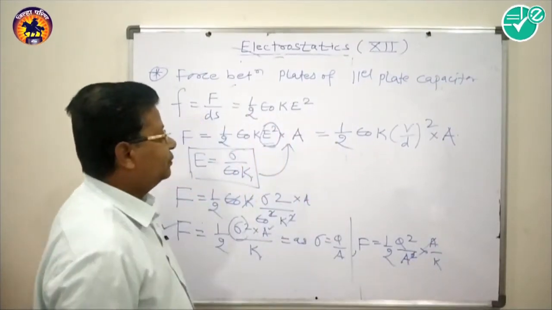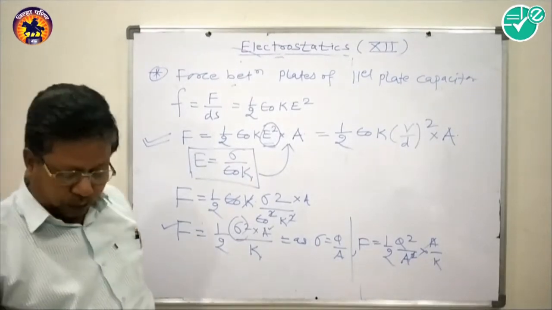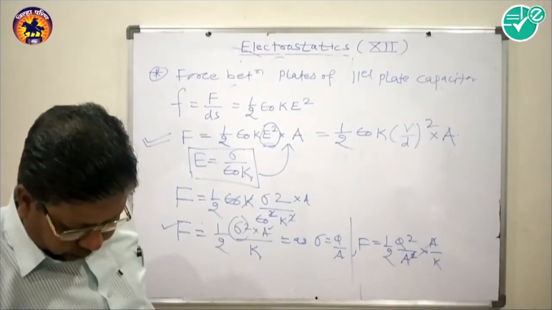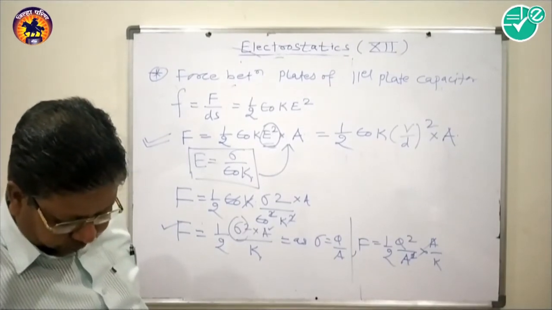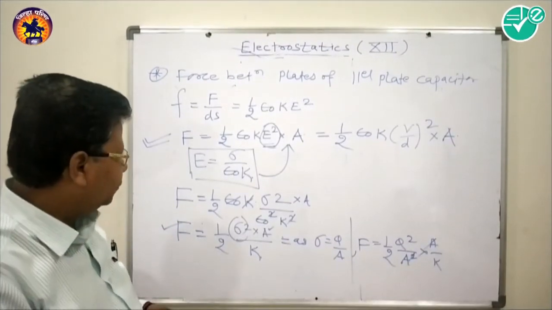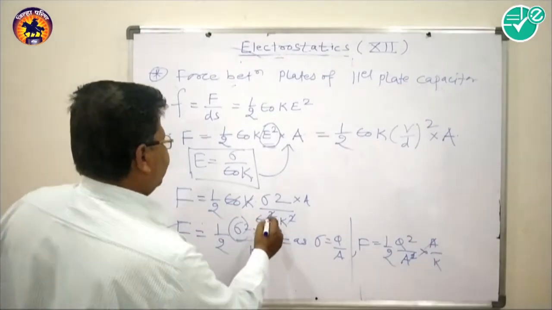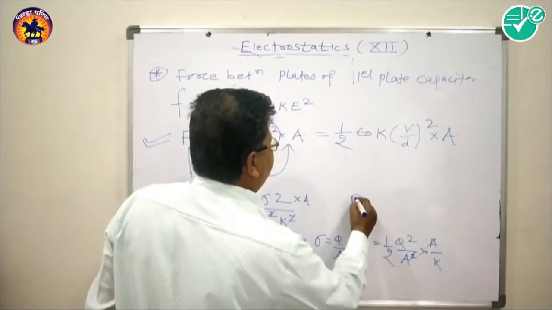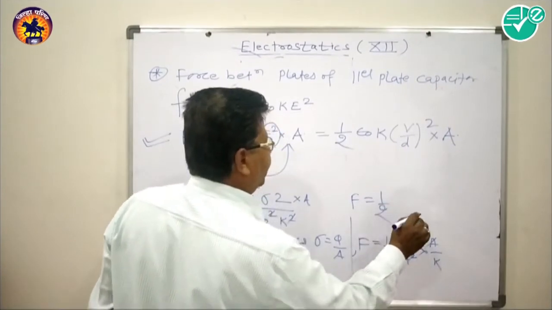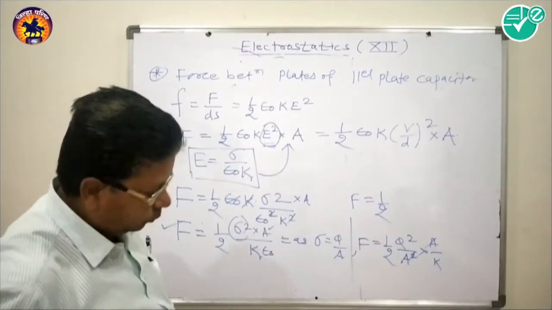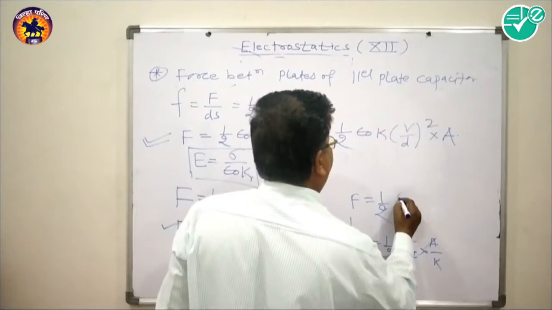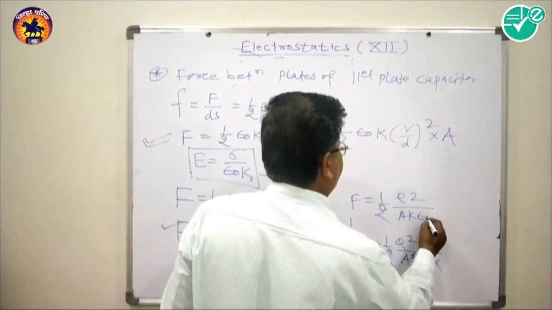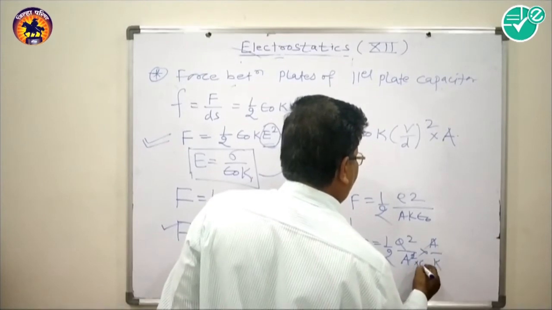Again this A gets cancelled and therefore we get the expression for the force between the two plates, where epsilon 0 is remaining: F is equal to 1 by 2 Q square divided by A K epsilon 0.